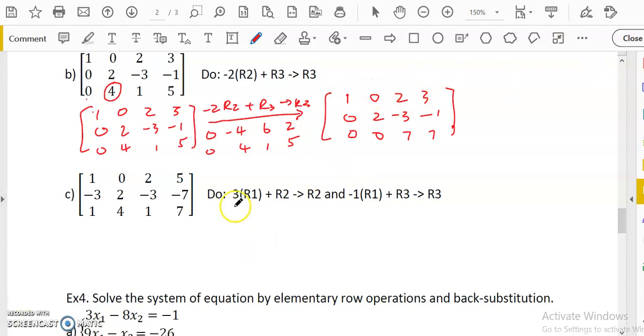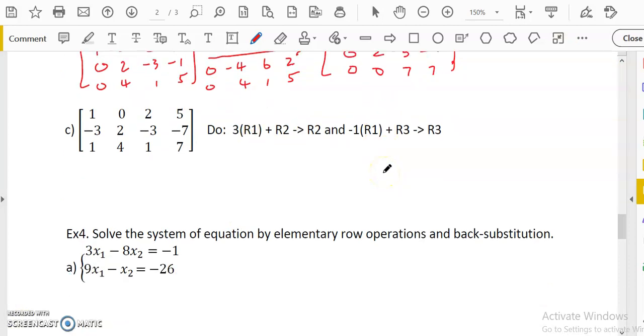The third one that I want to show you is this one. Remember, for an upper triangular 3 by 3 system, I have to have this 0, this 0, this 0. So I have to do 3 things. And in this, I'm showing you to do these 2 at the same time. I want to get rid of the 3 by multiplying R1 by 3 and then replacing R2.